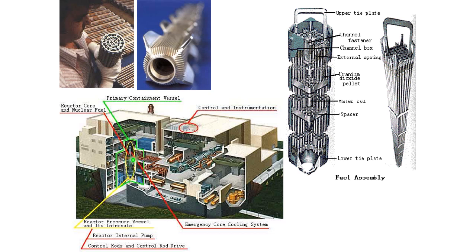There is also a graphite moderator, and often boric acid is used as a solution. There is a control instrumentation room far away from the reactor, and overheated steam coming from the heat exchanger goes to the electric generator.